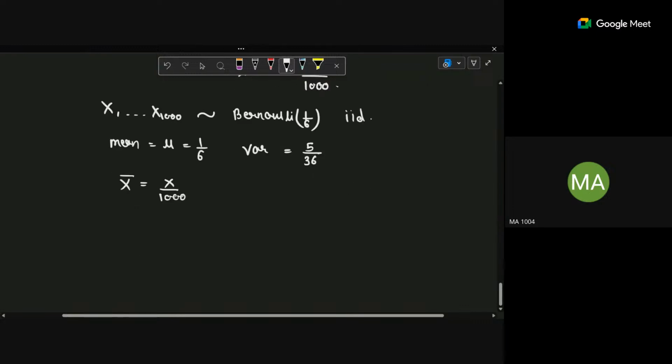I know that my delta is given as 0.2. Then by using the weak law of large numbers, what can I write?